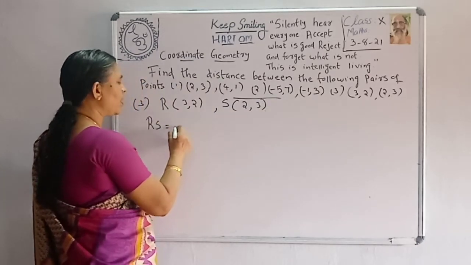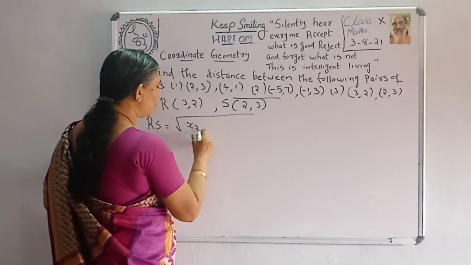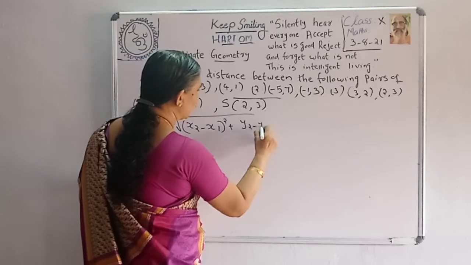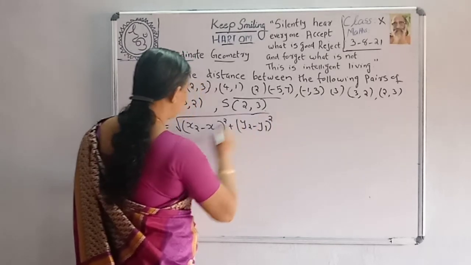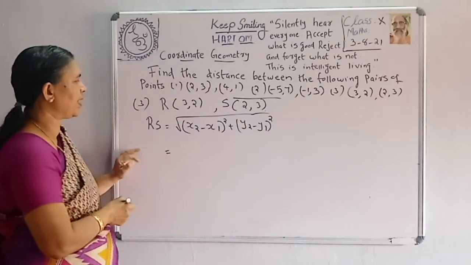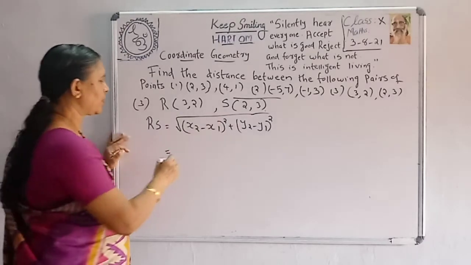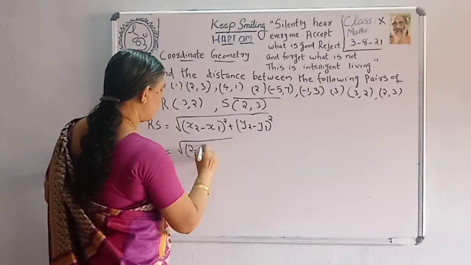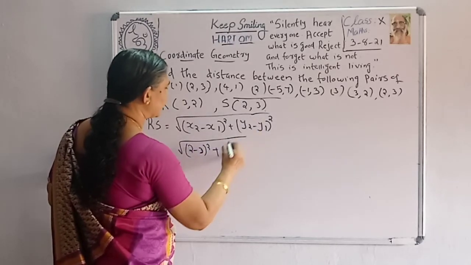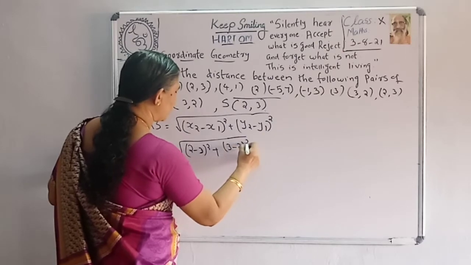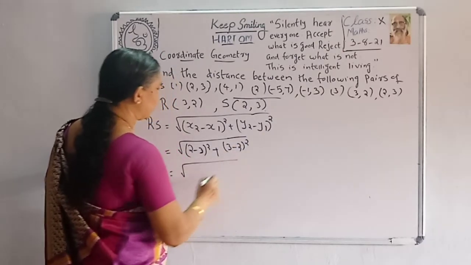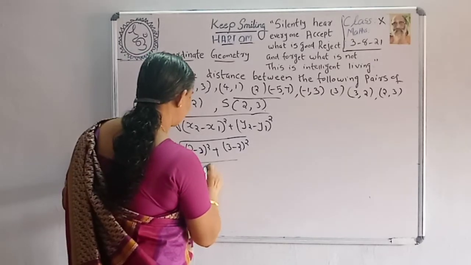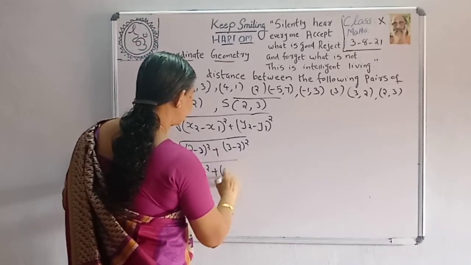The distance is equal to square root of x2 minus x1 the whole square plus y2 minus y1 the whole square. Here x2 is 2, so we write it as 2 minus 3 the whole square plus y2, which is 3, minus 2 the whole square. 2 minus 3 is minus 1, so minus 1 the whole square plus 1 the whole square.